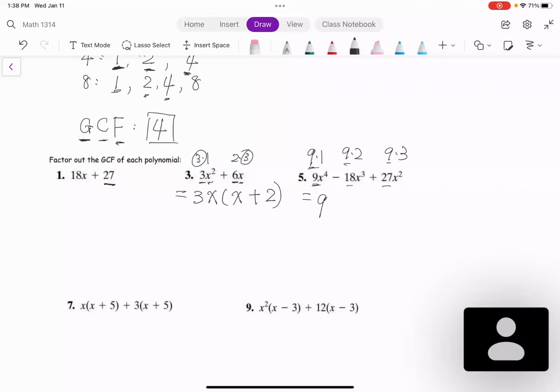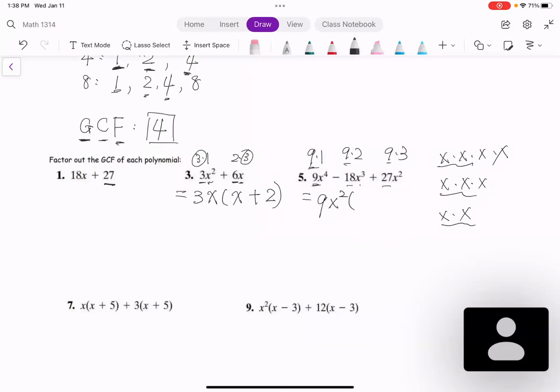How about the variables? A variable is an unknown number, x. x to the fourth is x times x times x times another x. x cubed is x times x times x. x squared is x times x. The GCF is x squared. So 9x squared.